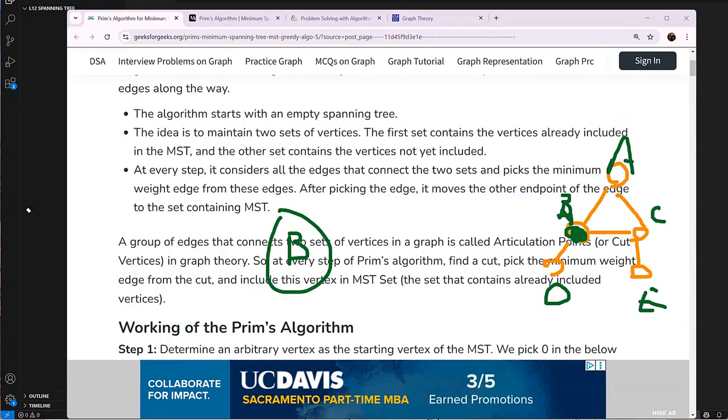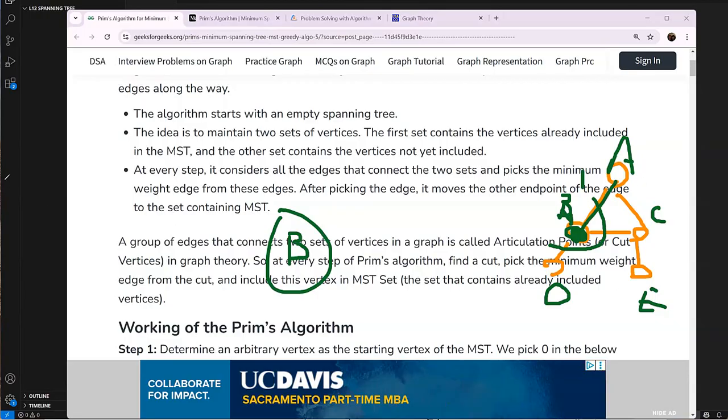At each step, you consider all the edges connecting group 1 and group 2. So you look at the edges that cross between group 1 and group 2. At this moment, the edges that cross over are all of the connections on B. So you check these 3 different ones, pick the minimum one, and connect it. Let's assume the edge to A is the minimum one, with weight 1. So A and B are connected.